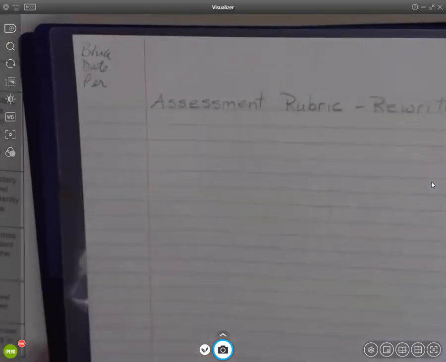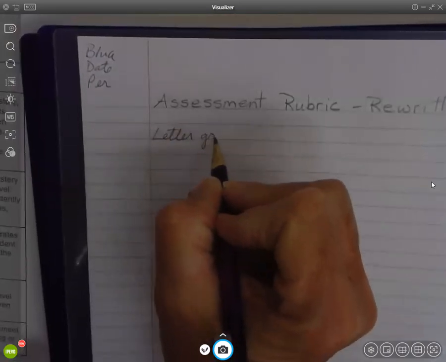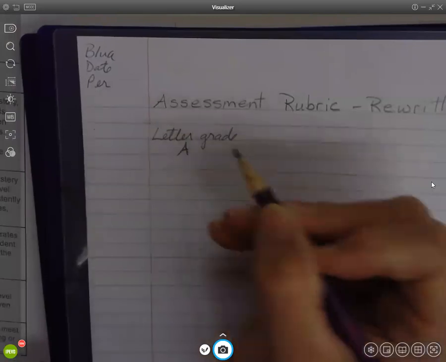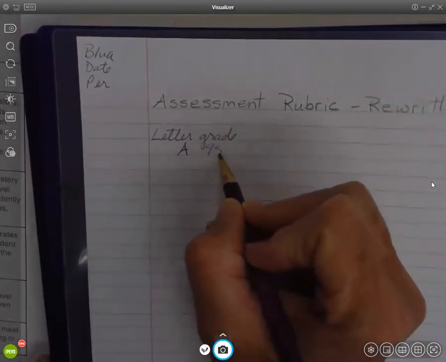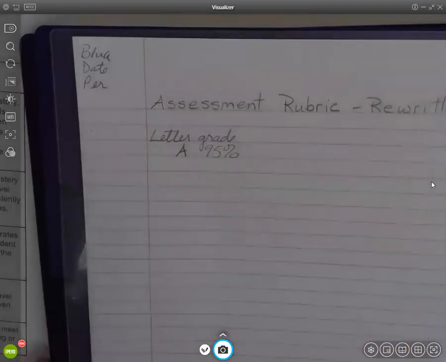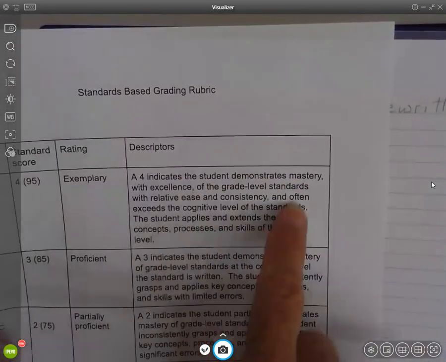So what I'm going to do is I'm just going to say, okay, here's my letter grade. If I want an A, which is 95%, I'm going to rewrite this so it's much shorter.